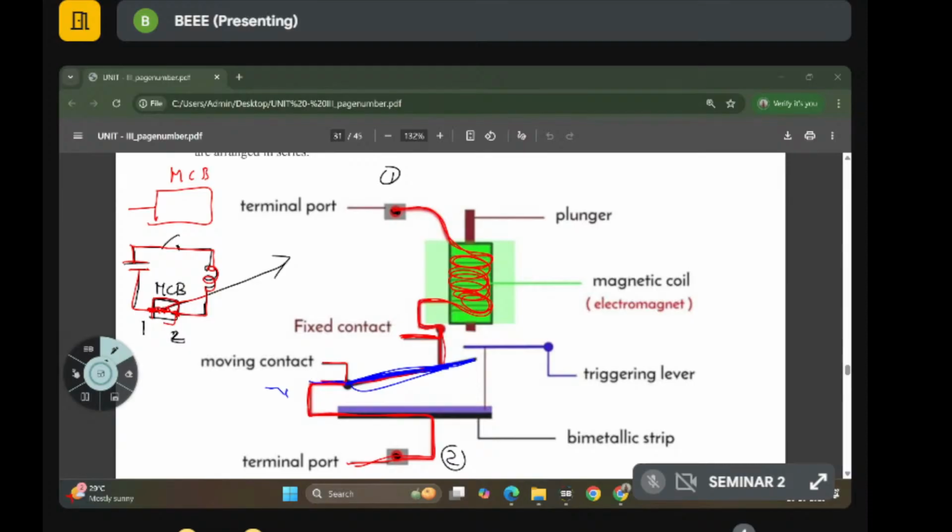The terminal port means 1 and the other terminal port means 2. Here see the general circuit diagram. This one diagram is enough, no need to worry. This is the normal condition. This is called the triggering terminal or triggering lever.